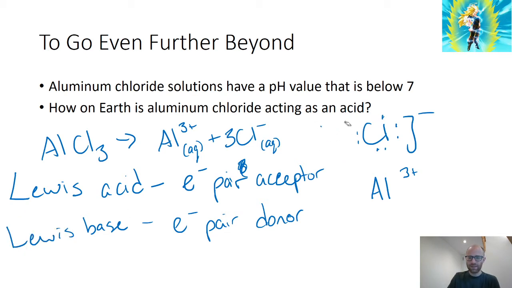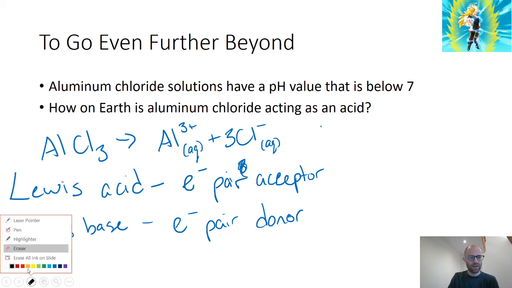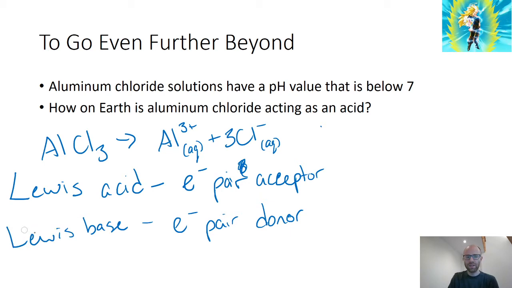So I want to clean this up a little bit because I need a little more room. But the classic examples of Lewis acids and bases are boron compounds and nitrogen compounds. So BF3 and NH3.